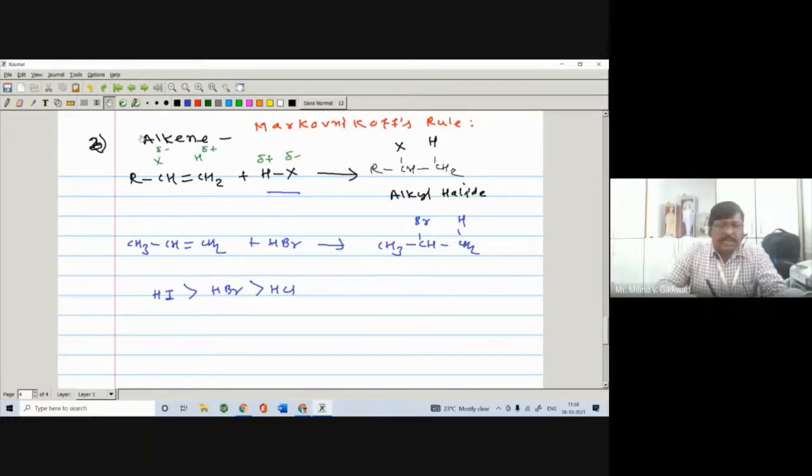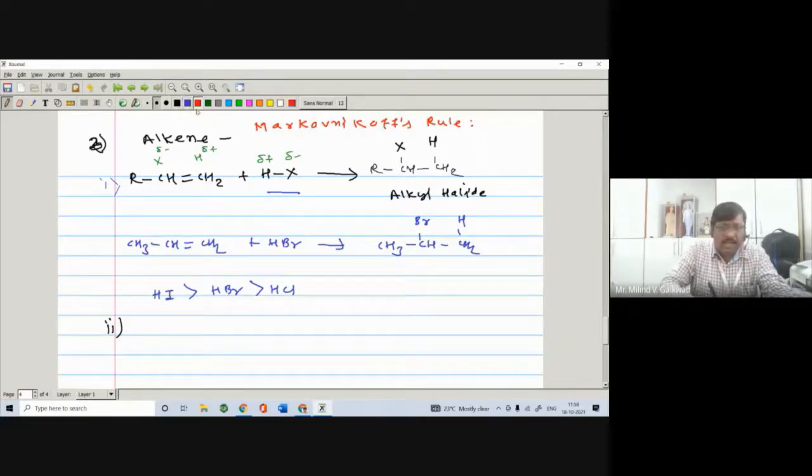Now if the same reaction is carried out in the presence of peroxide, it is called the peroxide rule.